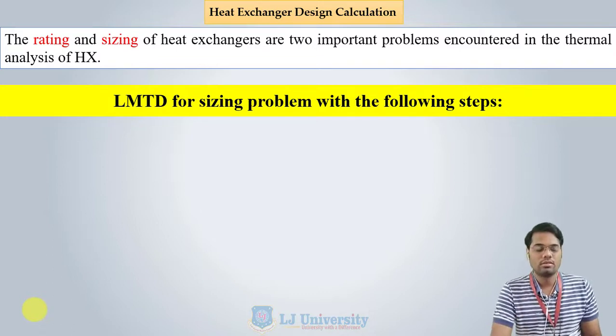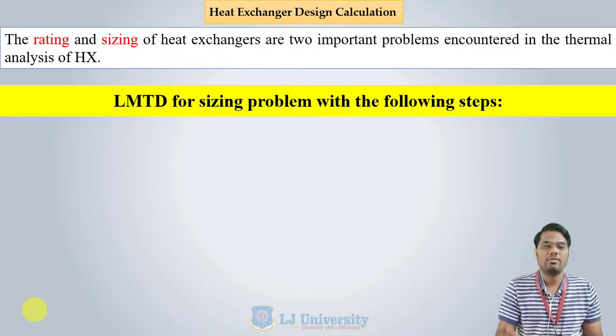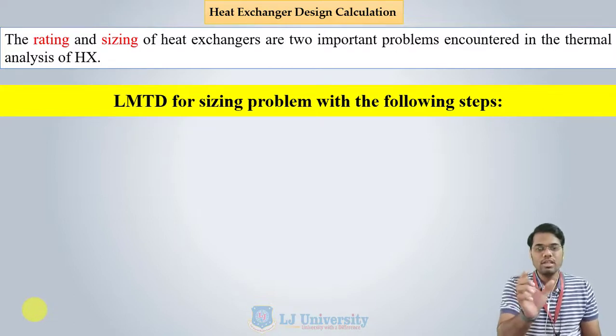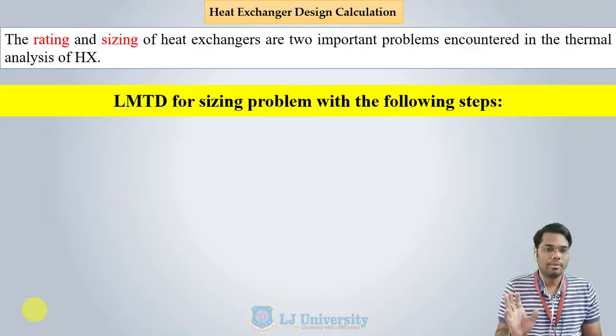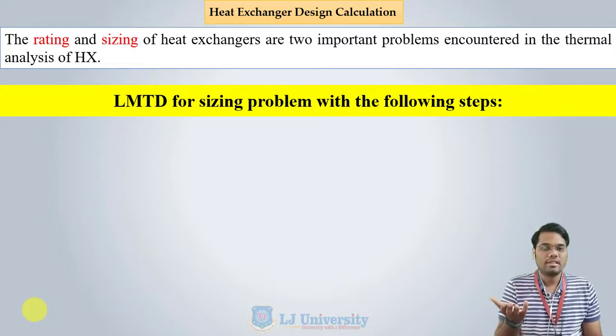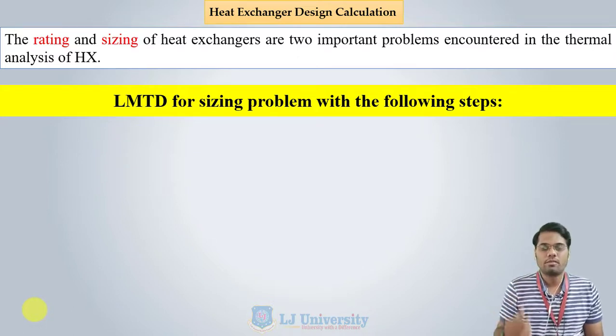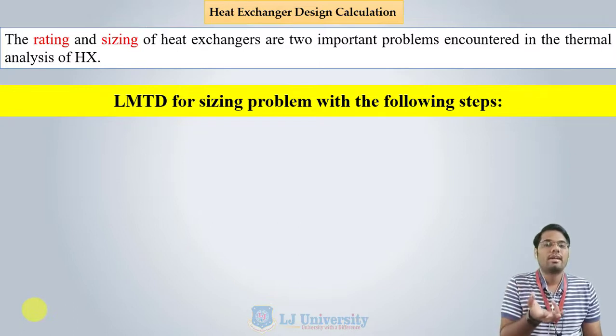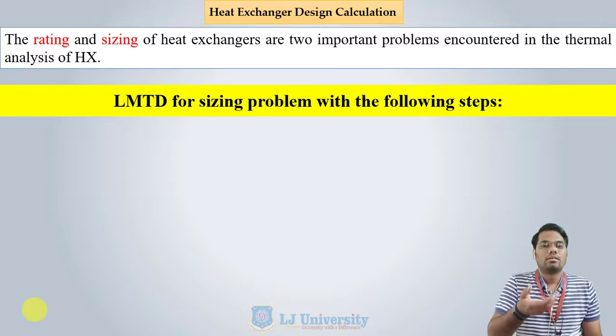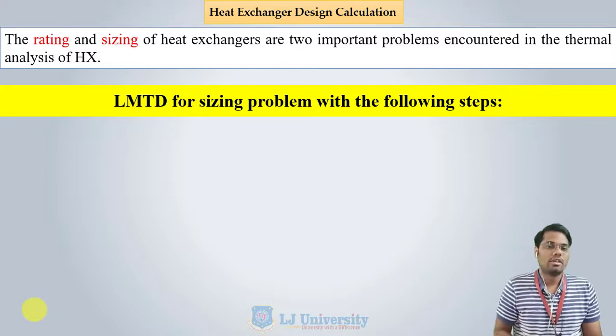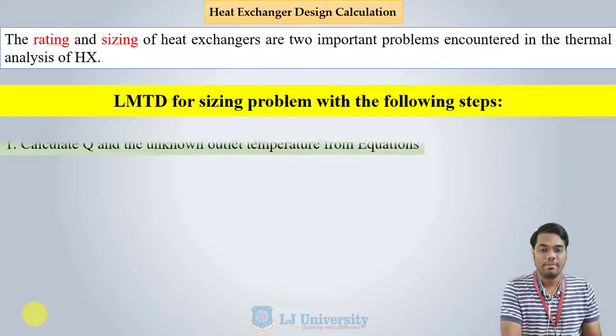As you can see from the numerical, by using the LMTD method, we can easily calculate the required area if we know the inlet and outlet temperatures. In many cases, we already know the inlet temperature of both fluids and the required outlet temperature. So according to our required inlet and outlet, we can easily calculate the size of the required heat exchanger by using the LMTD method.